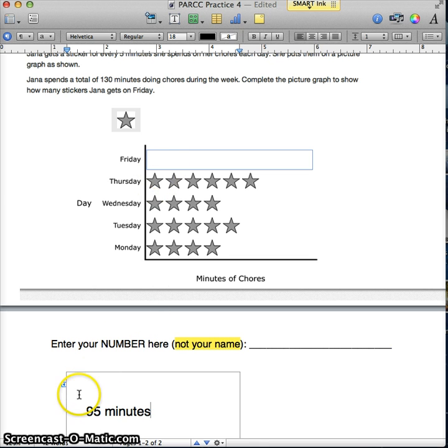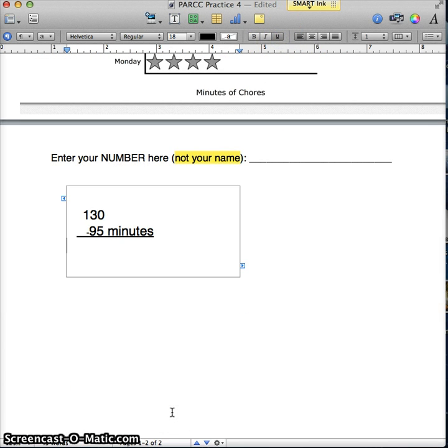Any clever ideas? And I just heard somebody say, how about if we take the 130 that we know, and subtract the 95 minutes from that? Go ahead and subtract 130 minus 95.